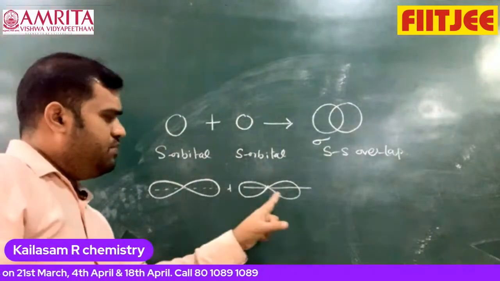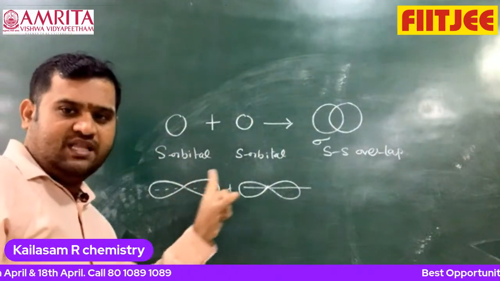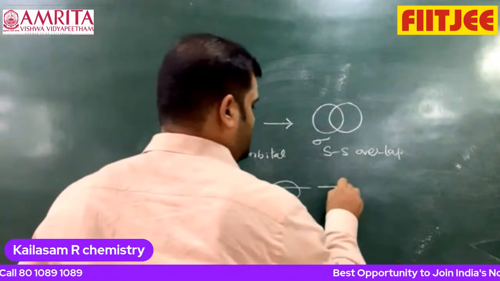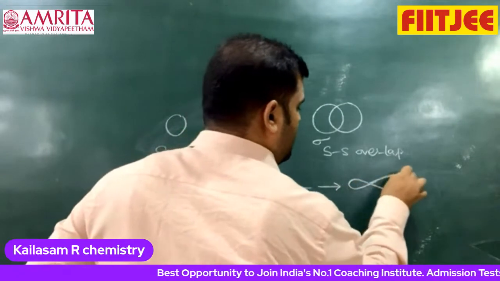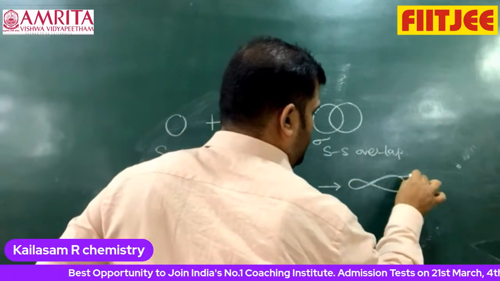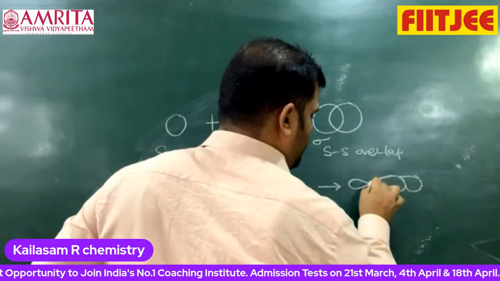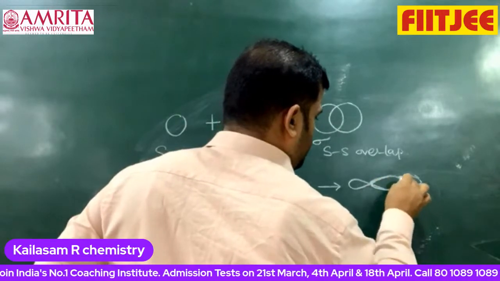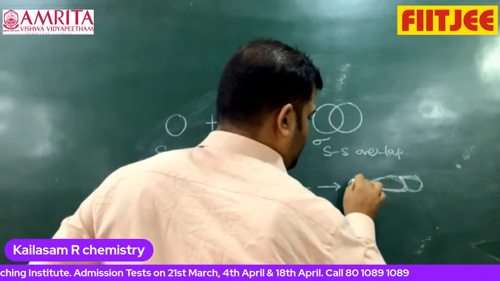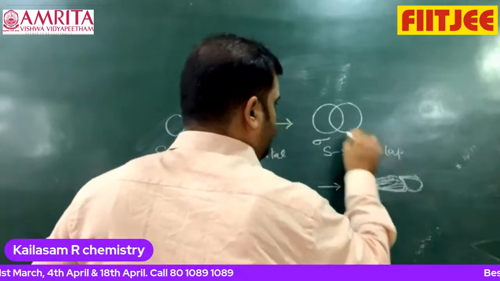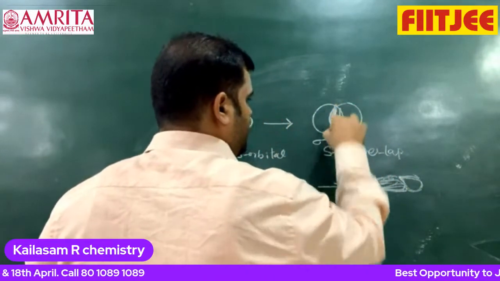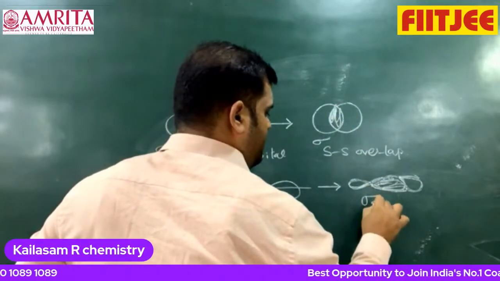Here the p orbital can overlap with the other p orbital, which produces sigma PP.